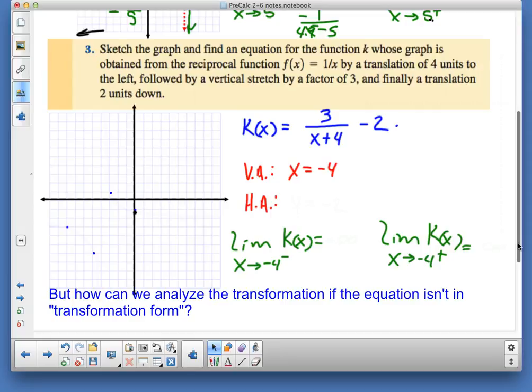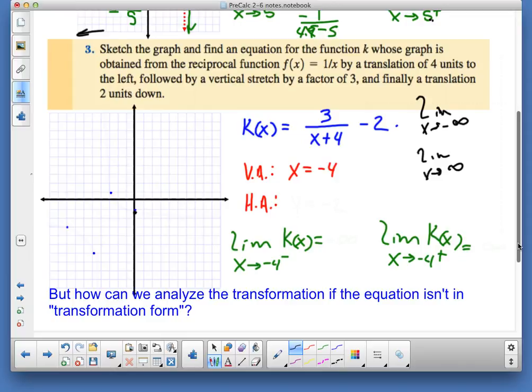My horizontal, remember, is end behavior. So my end behavior is my limit as x approaches -infinity, and my limit as x approaches +infinity. Excuse me, let me write that a little bit better and see if it was the board or me.